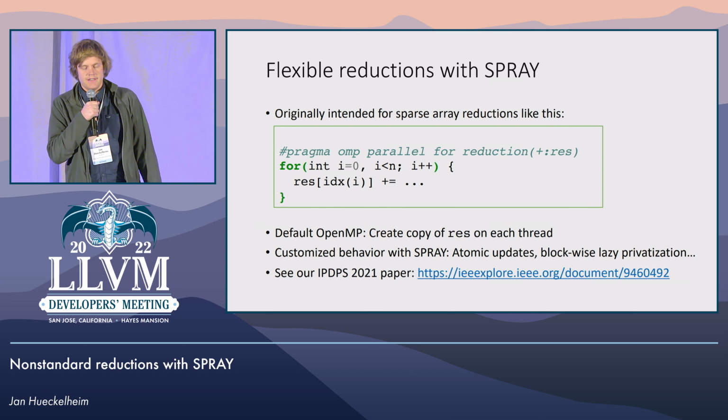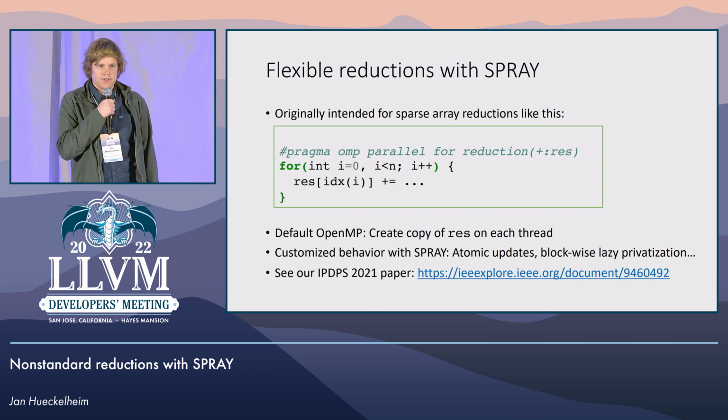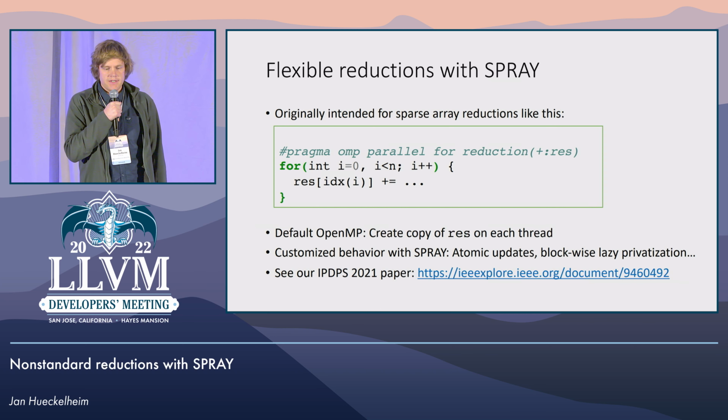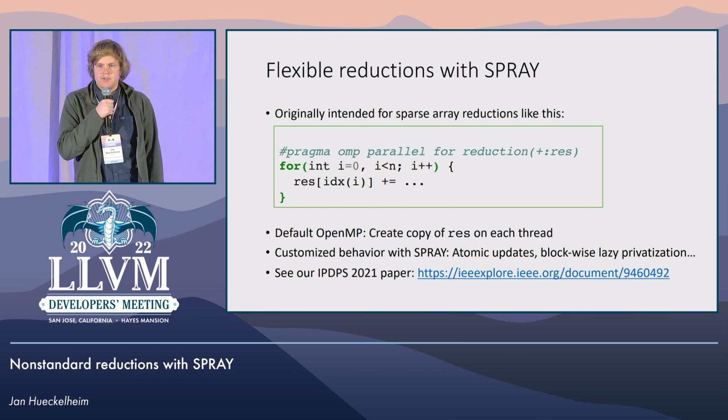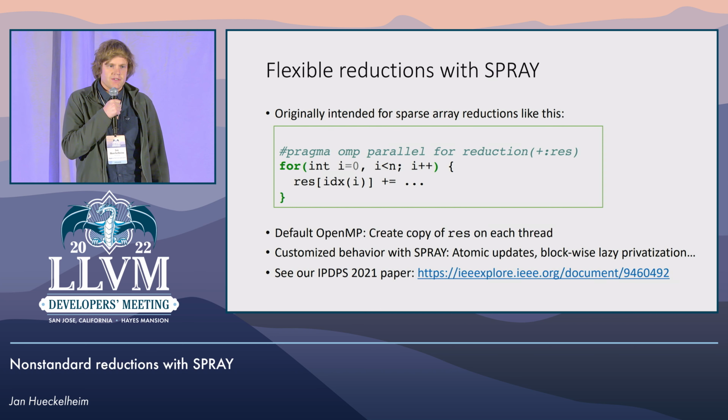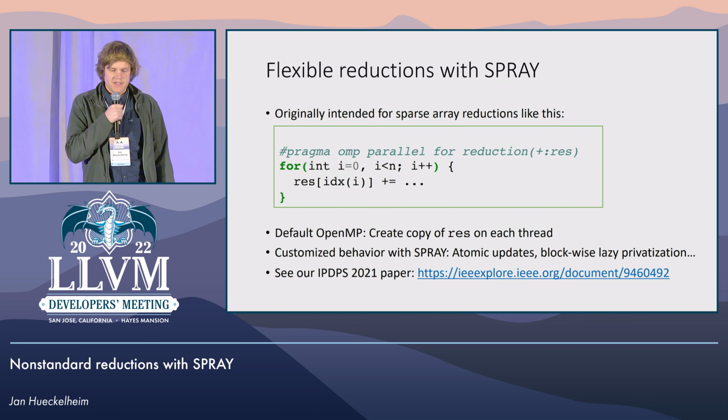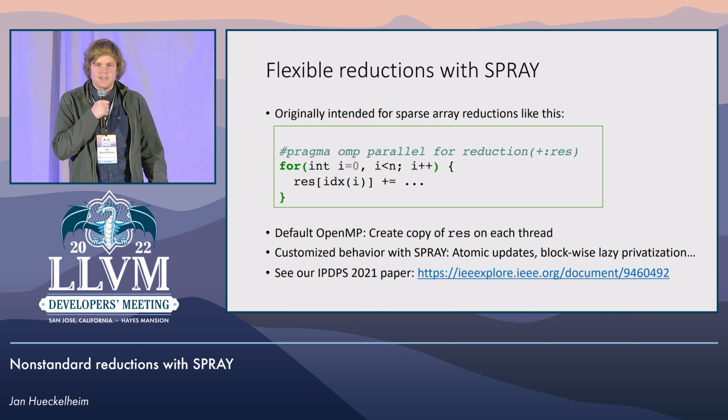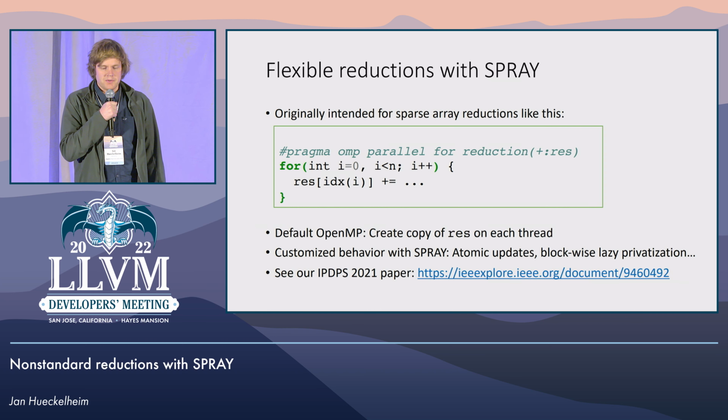Now that is okay if you are talking about scalar variables, but it can be pretty bad if you're talking about array reductions, where if the array is large, then each thread will have its own private copy of that array. And we find in scientific applications that very often what we would like to do is something we call a sparse array reduction.